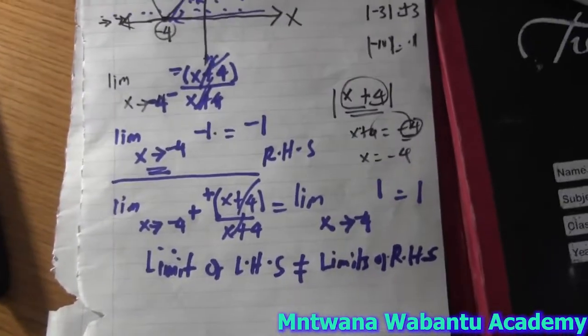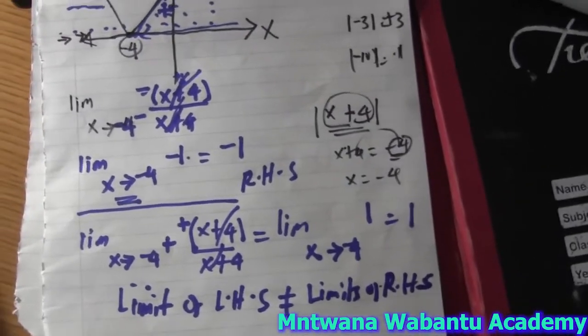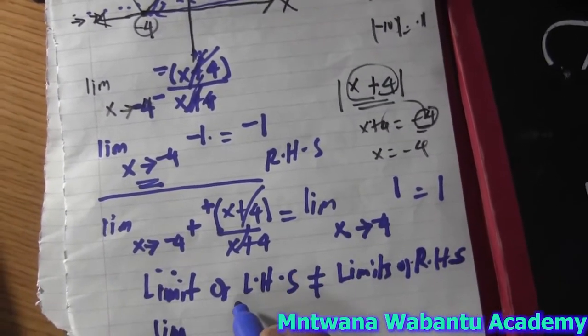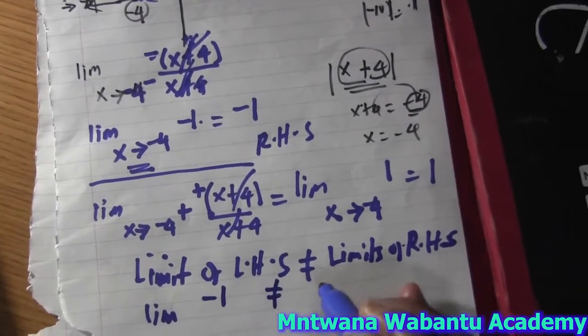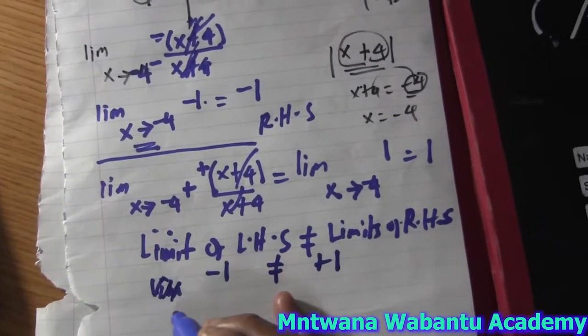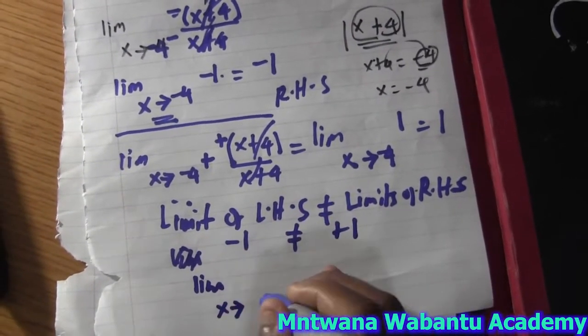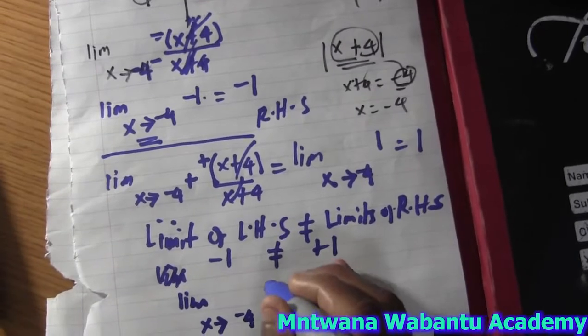For that case, this limit does not exist, because on the left hand side we got negative 1, which is not equal to positive 1.